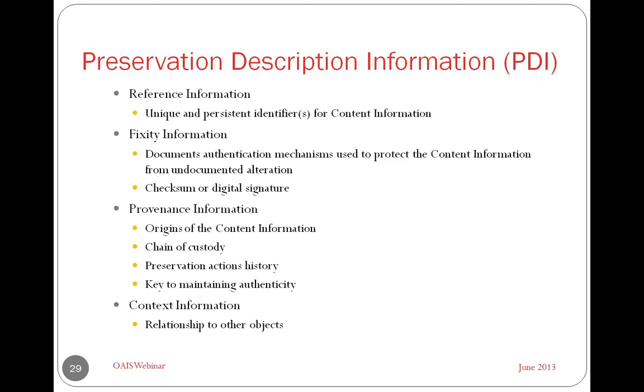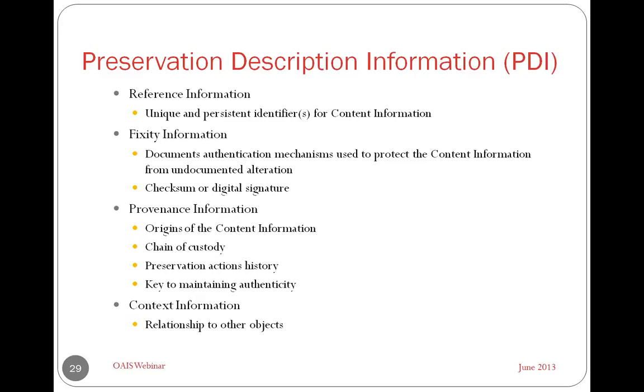Fixity information documents the authentication used to protect the content information from undocumented and unauthorized alteration. Examples of fixity information would include such things as a checksum or a digital signature.